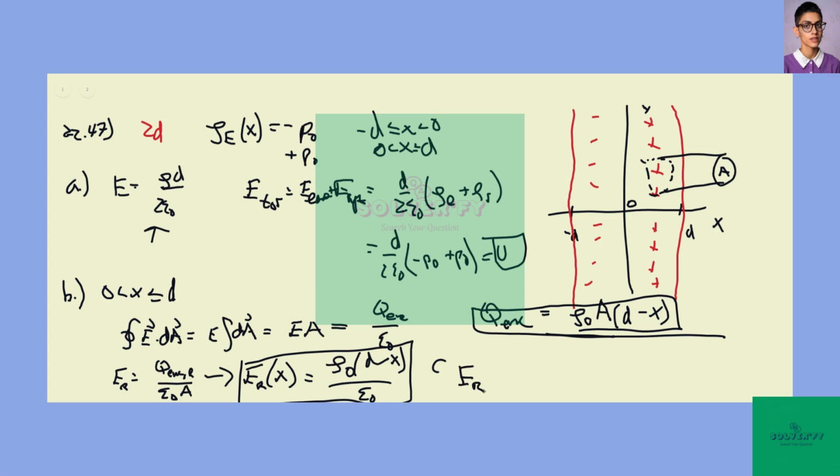So let's write it as a vector. This is now positive rho naught times d minus x over epsilon naught, and we know that the field is pointing to the left. So this has got to be a negative i. Awesome.